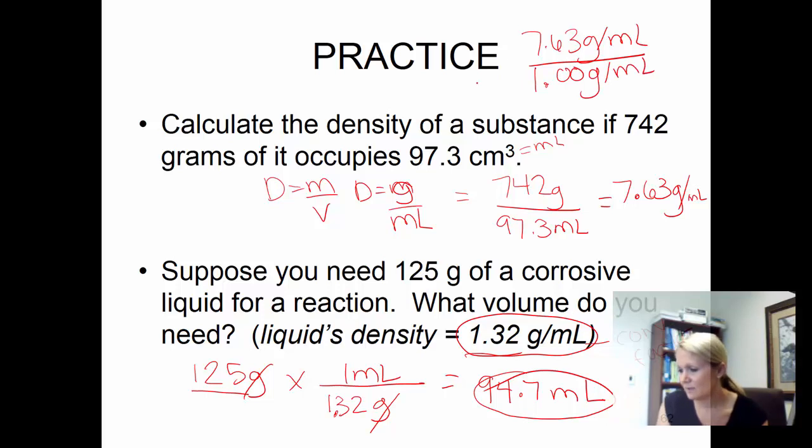Then the specific gravity, units cancel, is exactly the same as the density, just without units. I hope you understand density and specific gravity, and I will see you later.